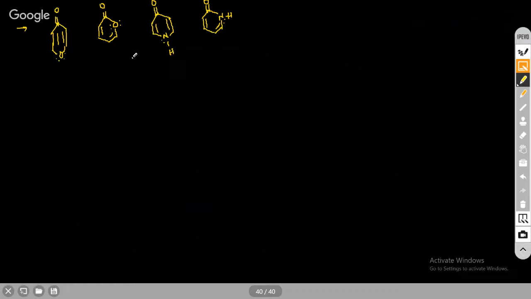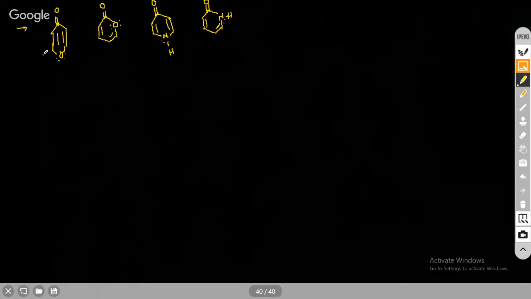See, whenever nitrogen is bonded with a single bond, then the lone pair present on nitrogen is involved in resonance. That is in general true, but there are some different cases also.